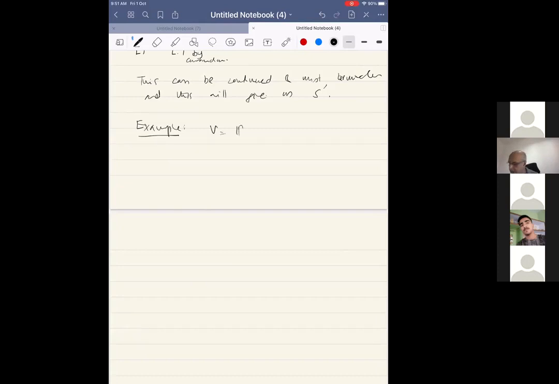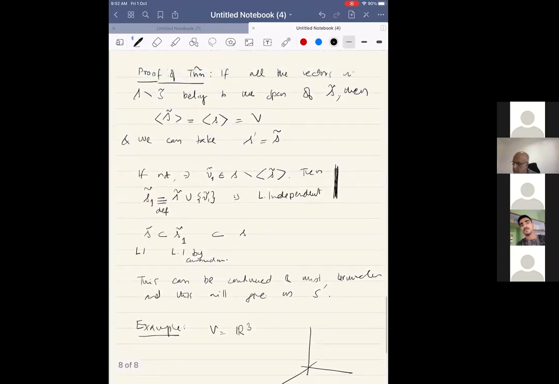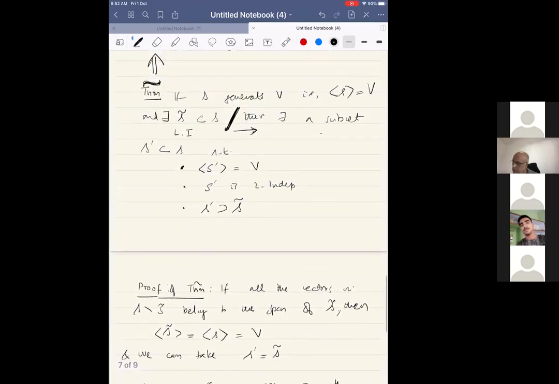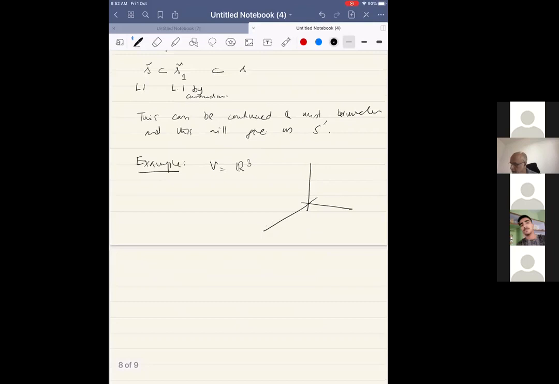So take V to be R3. V1 is 1, 0, 0. V2 is 0, 1, 0.